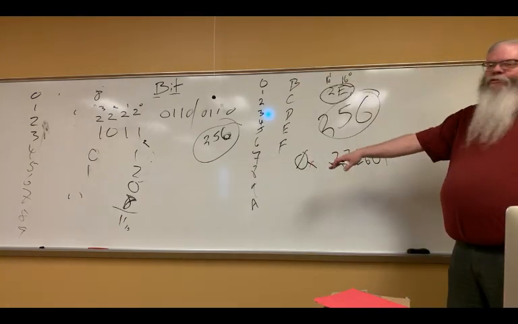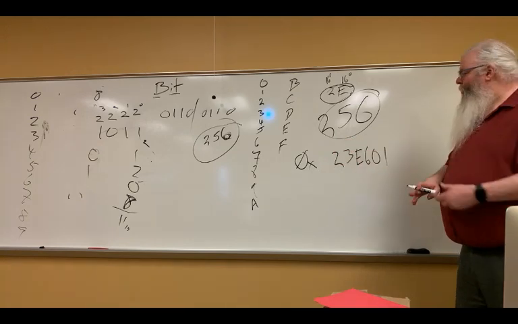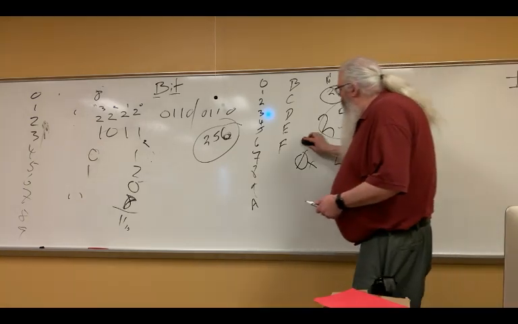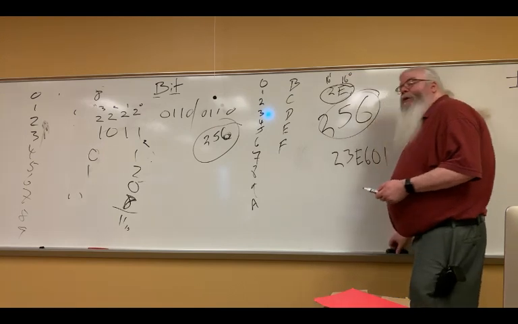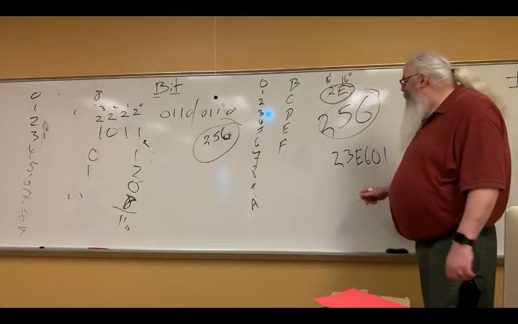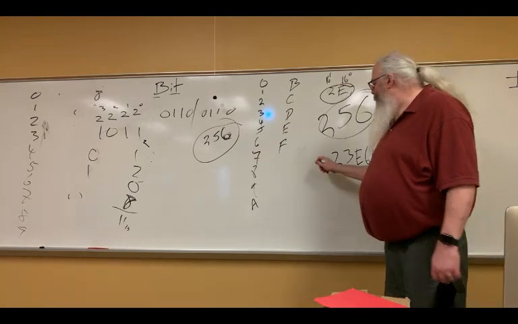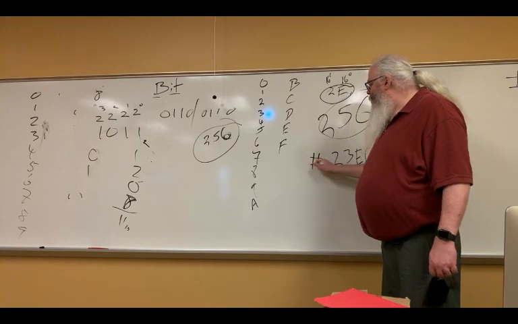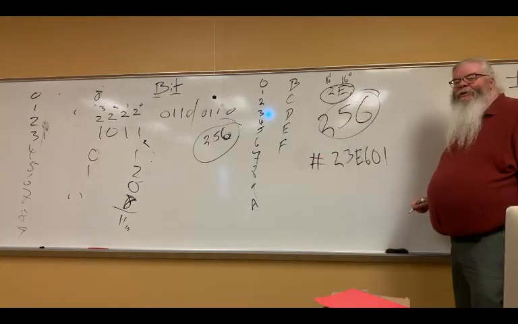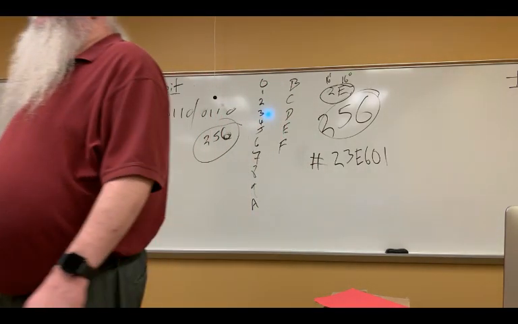You won't see this as much, but it's a common way to show that it's base 16. And probably the most common way to designate this as base 16 is to use that symbol, which is called, correct, thank you, the pound sign.